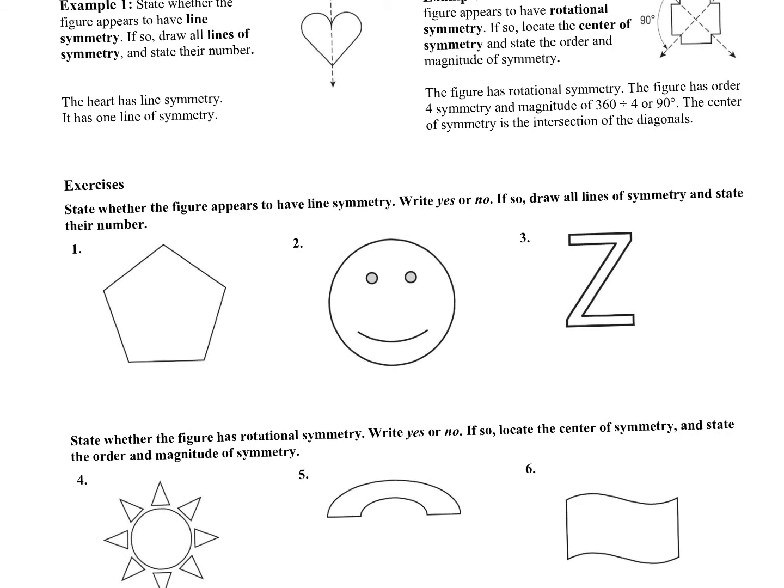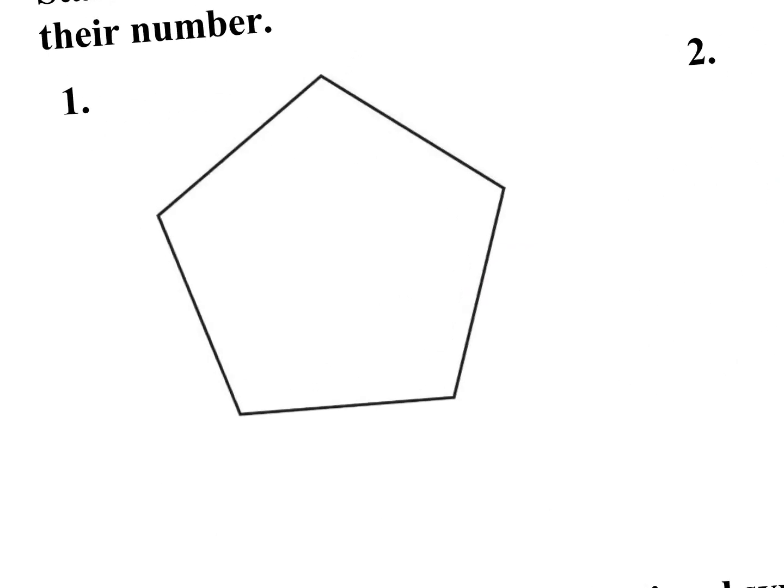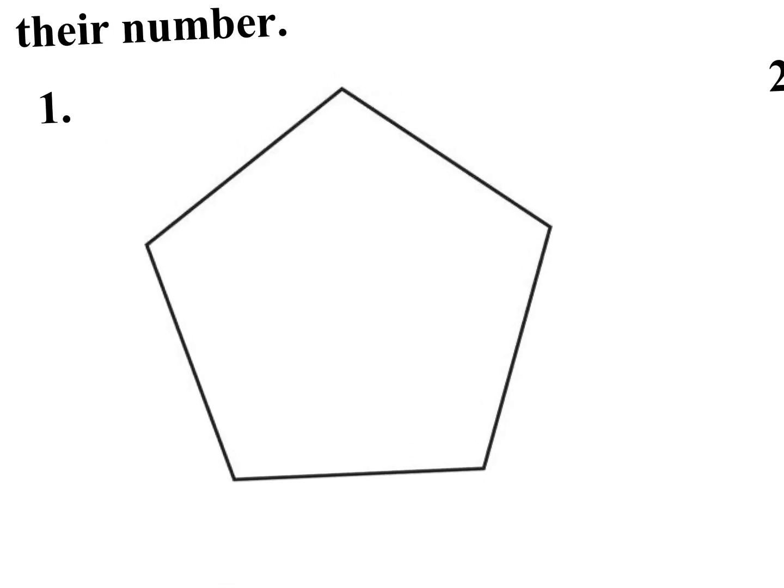Numbers 1 through 3, we're going to state whether the figure appears to have line symmetry. We'll write yes or no, and if it does, we're going to draw all lines of symmetry and state their number. So number 1, we have here a pentagon. Now I know that if I go from my vertex up here and draw a line straight down, I have a line of symmetry because this side can fold over to that side.